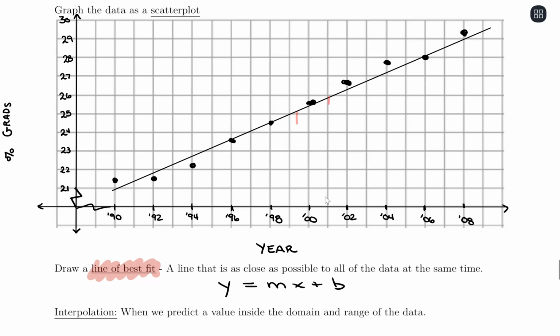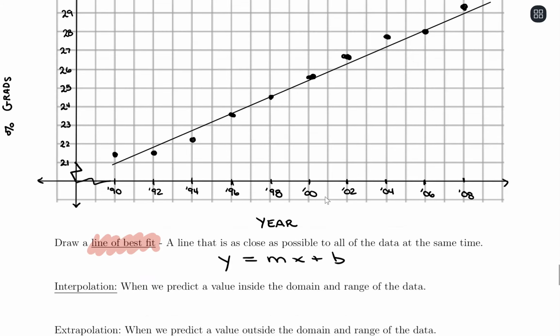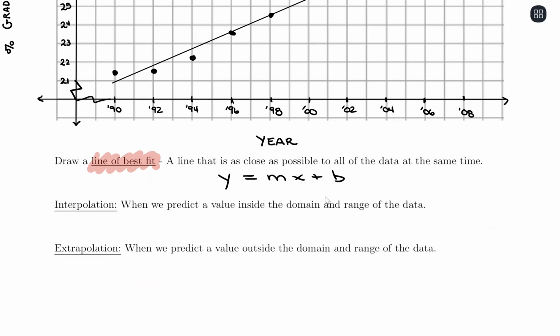So we can get this idea of predictions coming through based on this line that's best fit for all of that data.